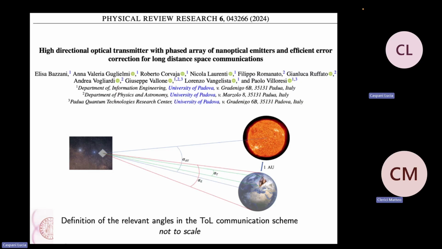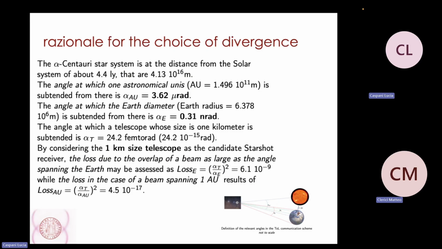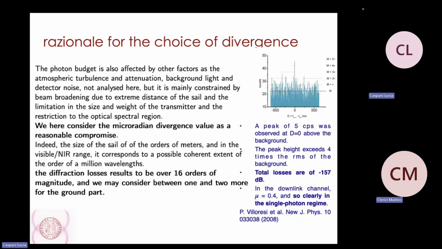And if you consider an incredibly large telescope, intended to be the receiver, of 1 square kilometer of combined dishes, that will be in the femtorad angle. And I appreciate that femtorad was also mentioned by Bertold before, so it's not the only one. And this corresponds to losses of the order of 4.5 times 10 to the minus 17. So it was quite scary, but you have to consider that the light is made of photons whose energy is rather small.